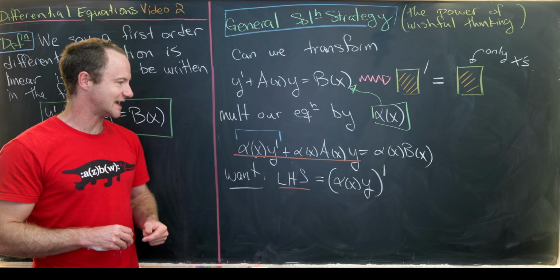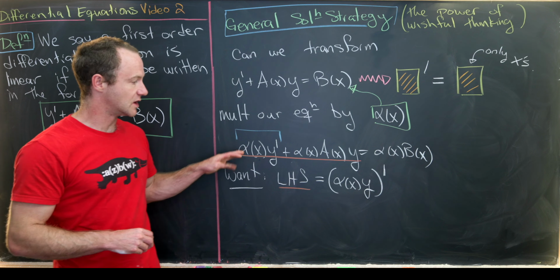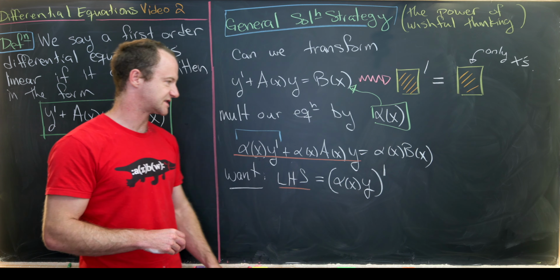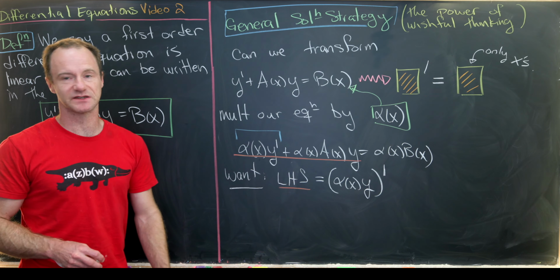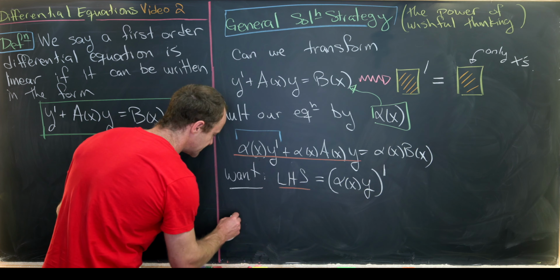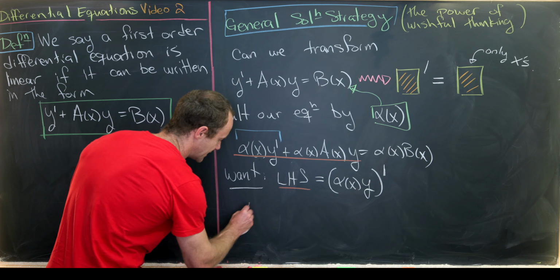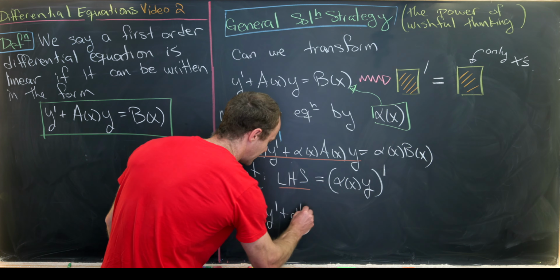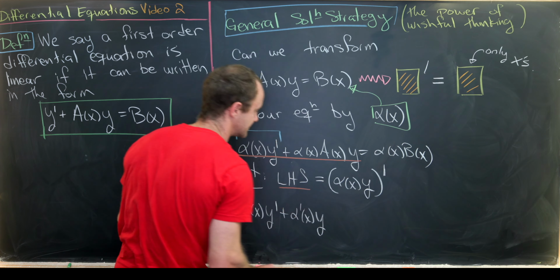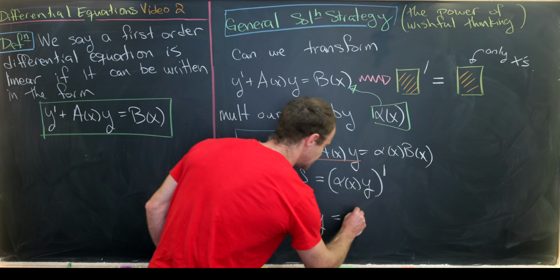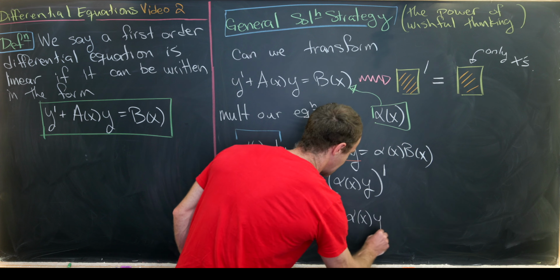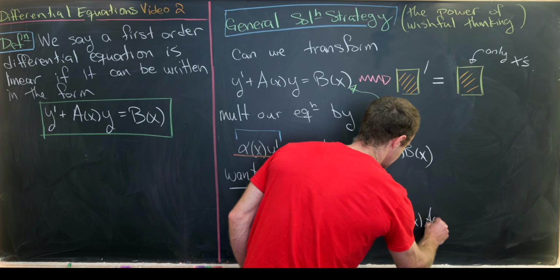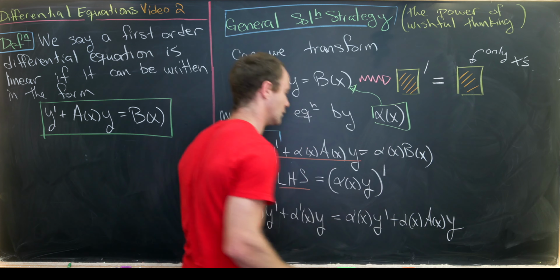Okay, so now let's expand this out. Just to reiterate, we want this product rule expanded to be the same thing as this brown underline. So in other words, what we need to happen is for alpha of x times y prime plus alpha prime of x times y to be equal to alpha of x times y prime plus alpha of x times a of x times y.